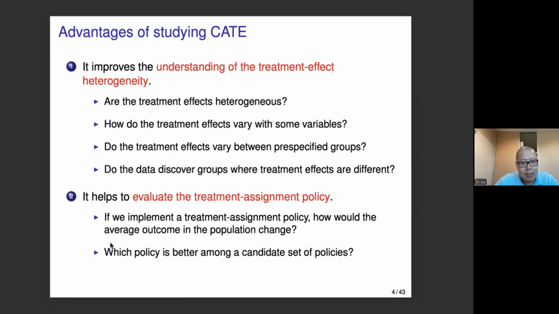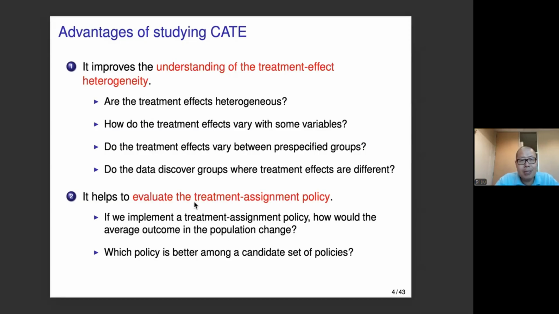The second is that learning the CATE builds the foundation to evaluate treatment assignment policies. So what is a treatment assignment policy? It's a probability between 0 and 1 to assign each individual into treatment or control.